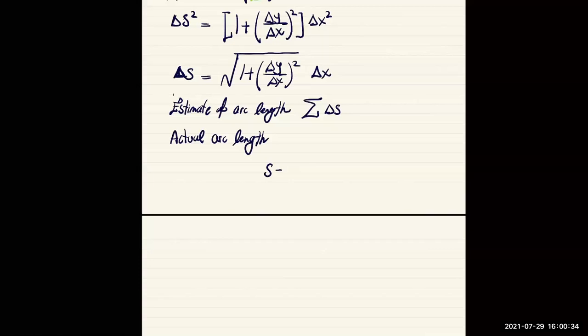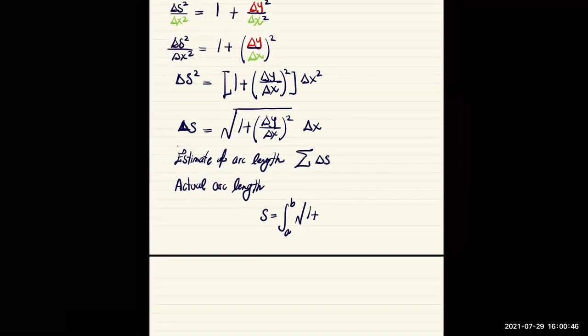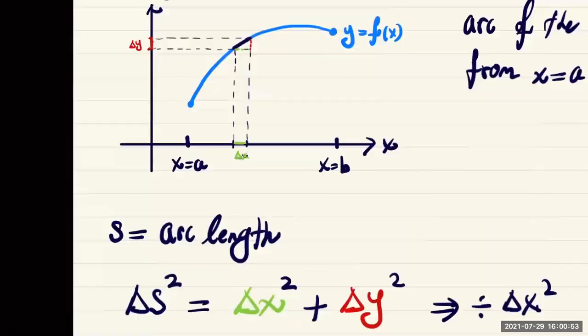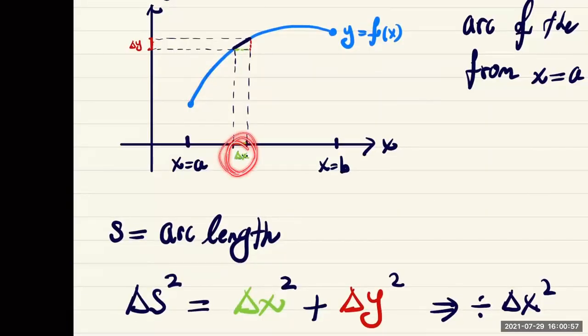So you get s equal to the integral from a to b, because x starts at a and ends at b, of the square root of 1 plus. Now, when the number of partitions goes to infinity, when you want to have more and more of these, the delta x goes to 0. Delta x becomes really, really small.